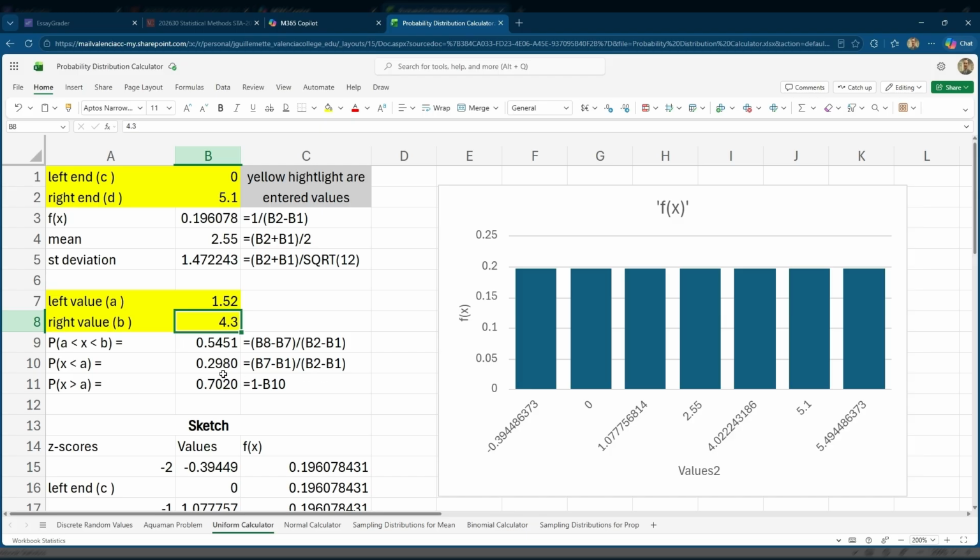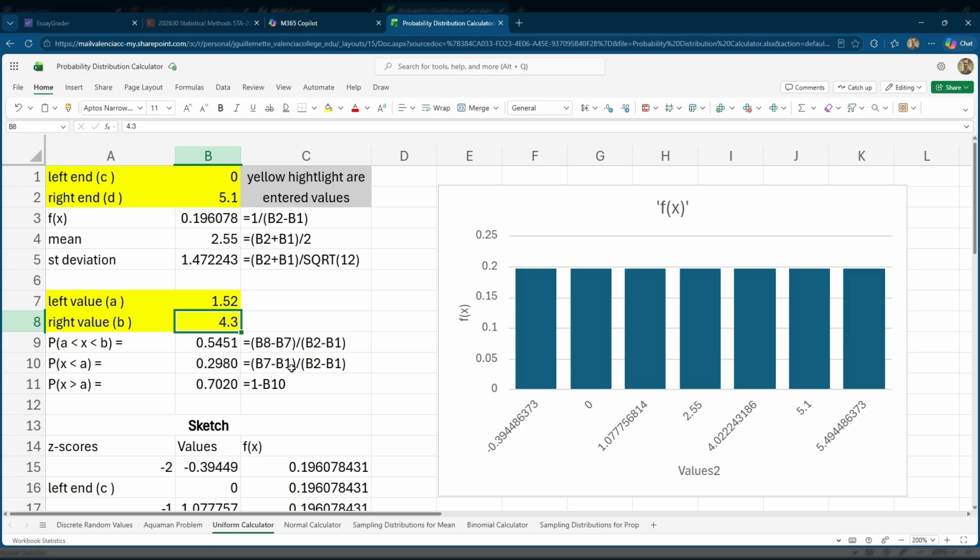Well, this is the complement rule, right? So the area that's less than is going to be that area under the curve, right? So here's my B minus C, right? Because that's the end point. So that's going to be my A minus C. So that's that area.